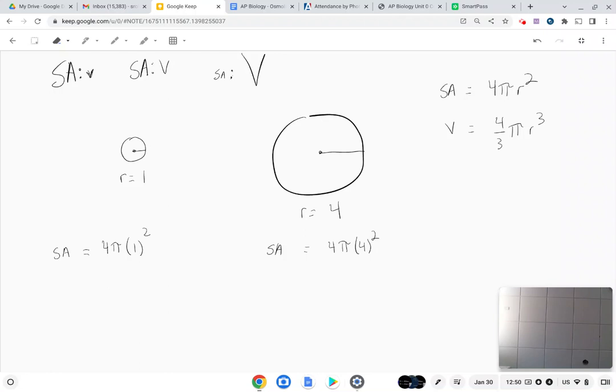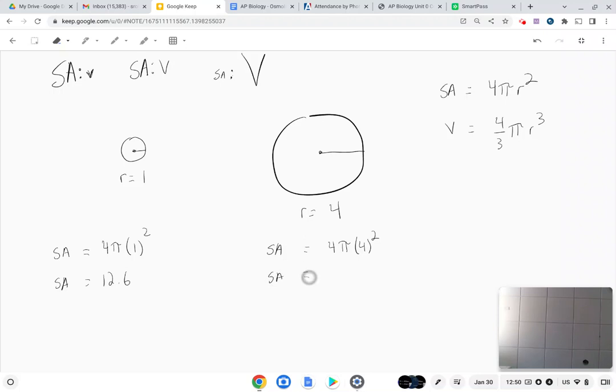Okay, crunch those numbers. Give me a moment. I'm going to do it here. I got, and feel free to do this with me if you'd like, a surface area of 12.6 units for the first cell.